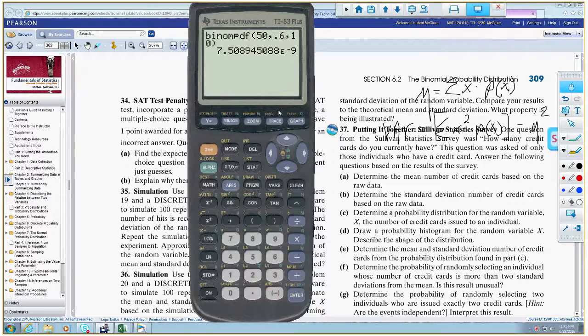Okay? So that is what you come out with. Do not type them in the wrong way. If you type them in the wrong way and put the percentage first, then you're going to get an error.